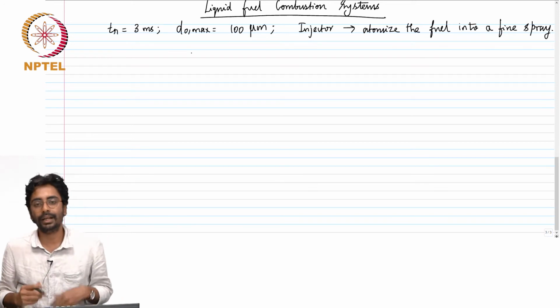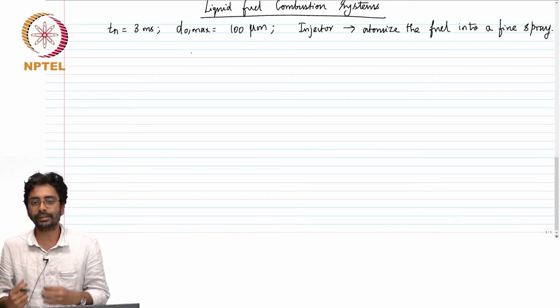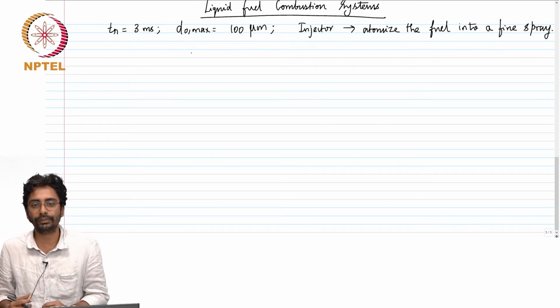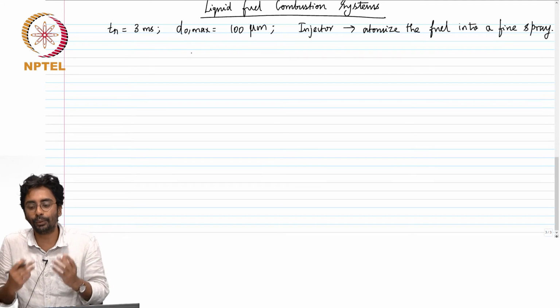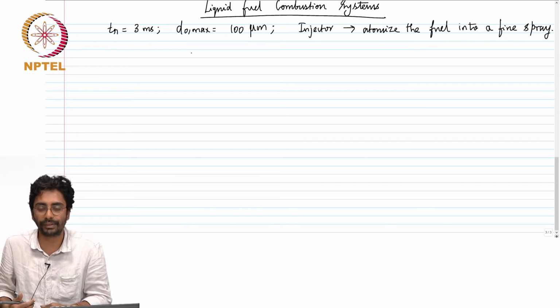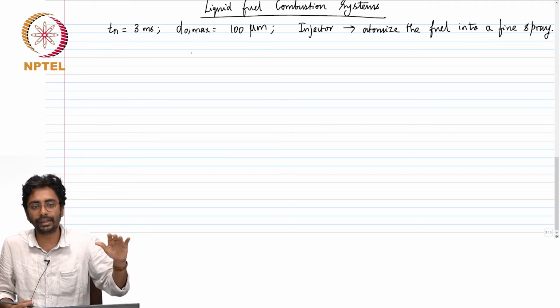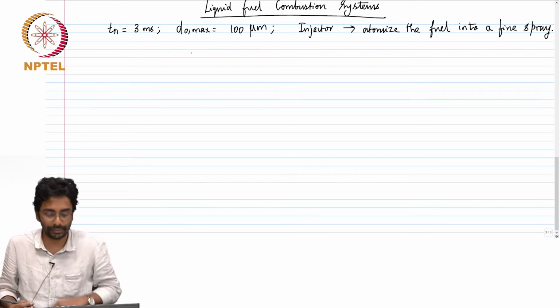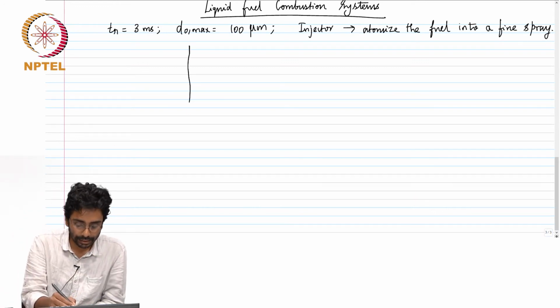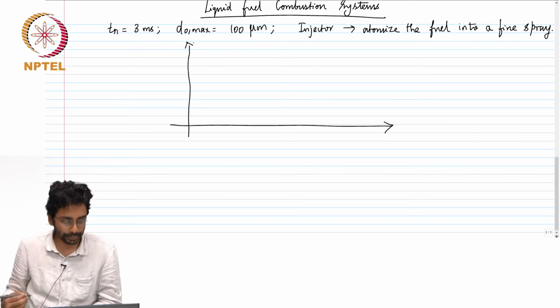Now, it would be great if we could build an injector that will give us a uniform size of, let us say, 90 microns or 50 microns, but that is not how the process of atomization works. There is a certain randomness associated with the process of atomization, and therefore what you actually get is droplets over a range of sizes, and the droplet size is usually distributed in a log normal fashion.